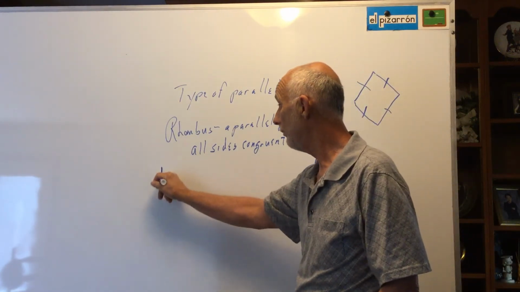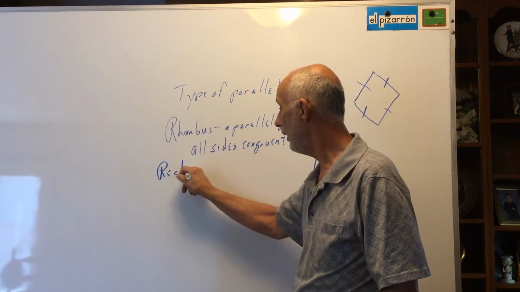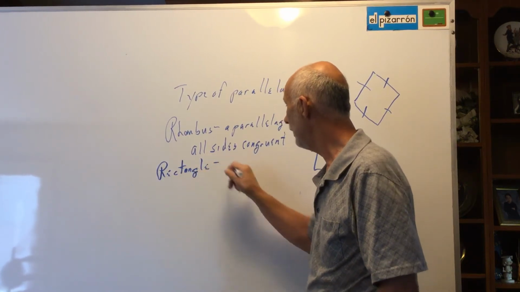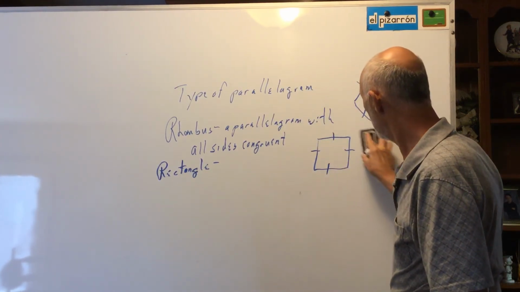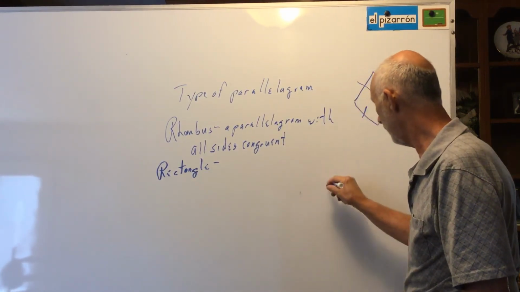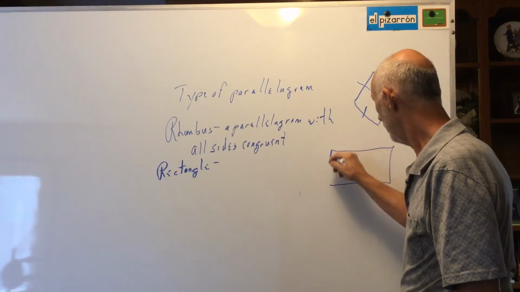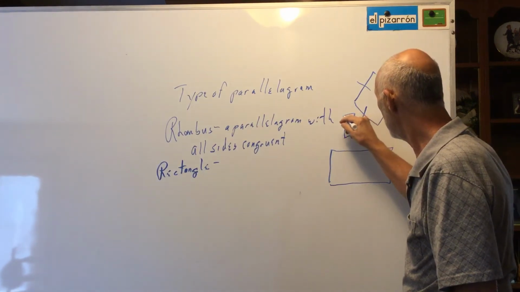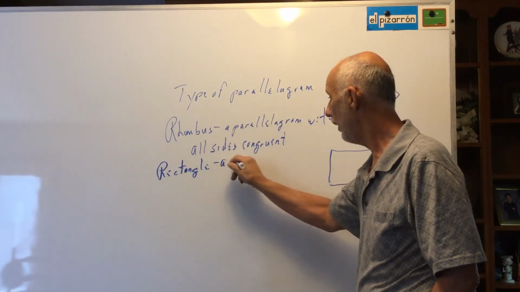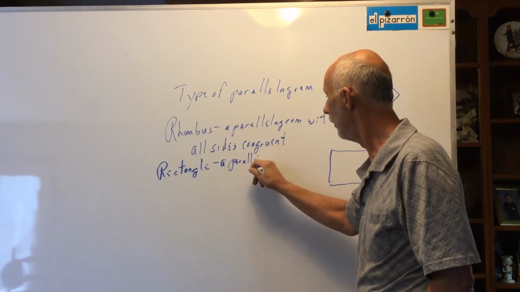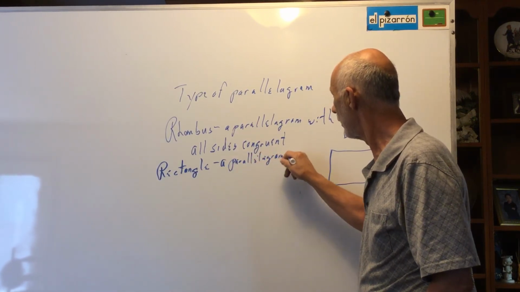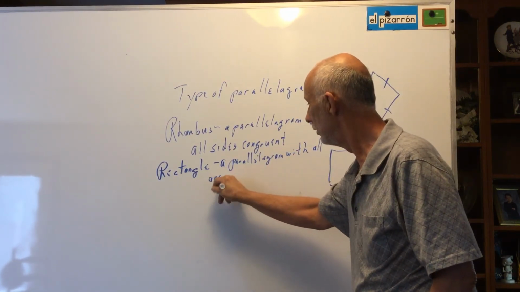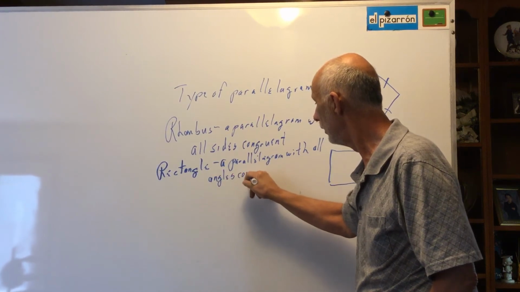By the way, you also have a rectangle. All right, and everybody knows what one of those looks like, but I wonder if you know the definition of it. Because if you looked at a rectangle, what you would notice about every rectangle, no matter what size it is, okay, a rectangle is a parallelogram with all angles congruent.